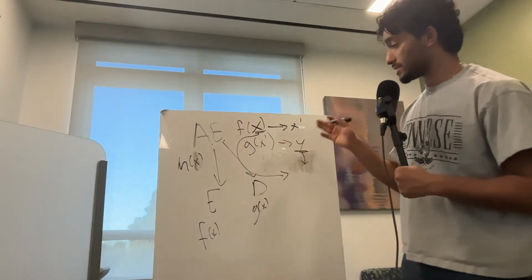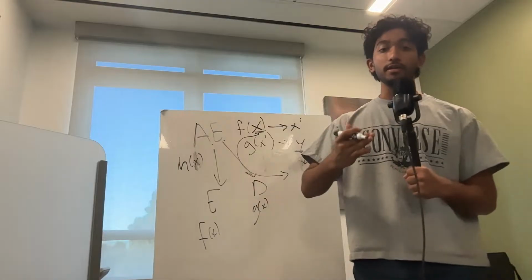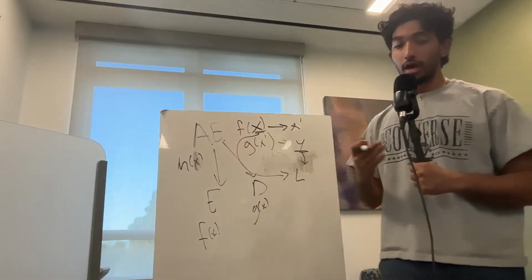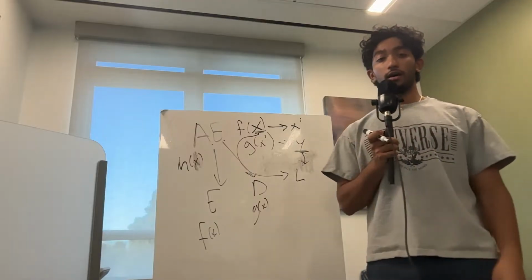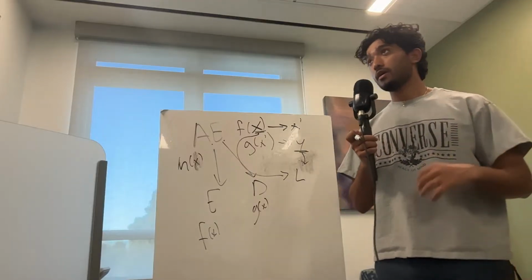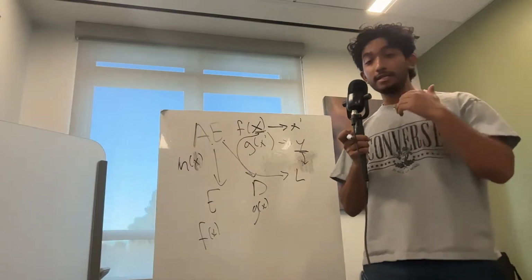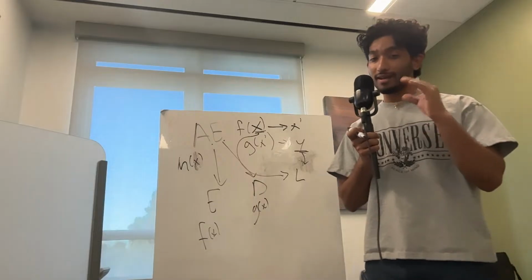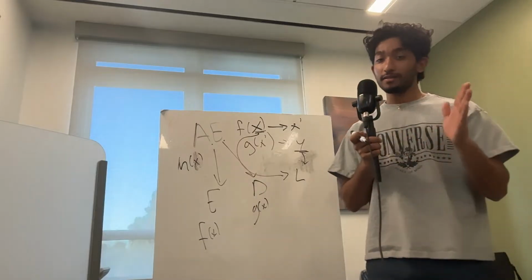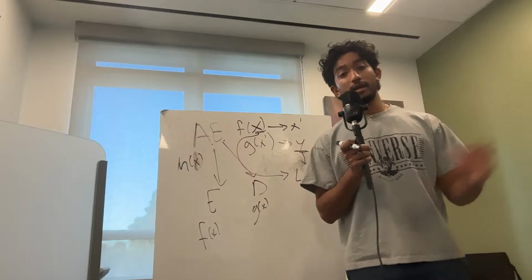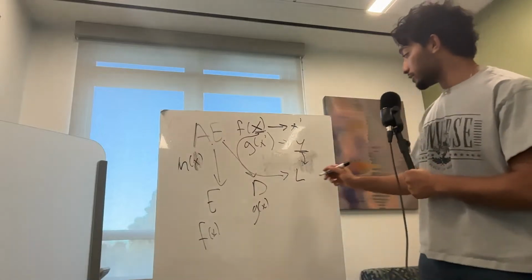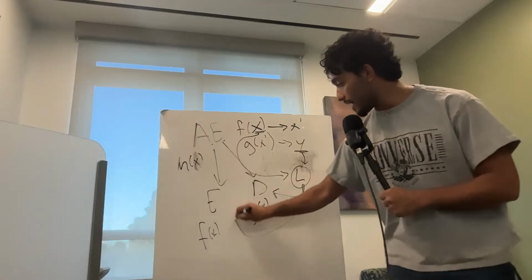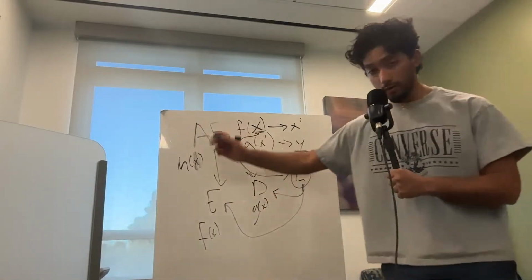Y is not X. Maybe I encoded the input data and got some other piece of data, and then I decoded it, and what resulted is something close to the input data, but not exactly, because there's a bunch of extra steps where I did stuff to the data. I compute the loss, and then I use this loss to edit the decoder function and the encoder function. Basically, I use it to edit the autoencoder function.